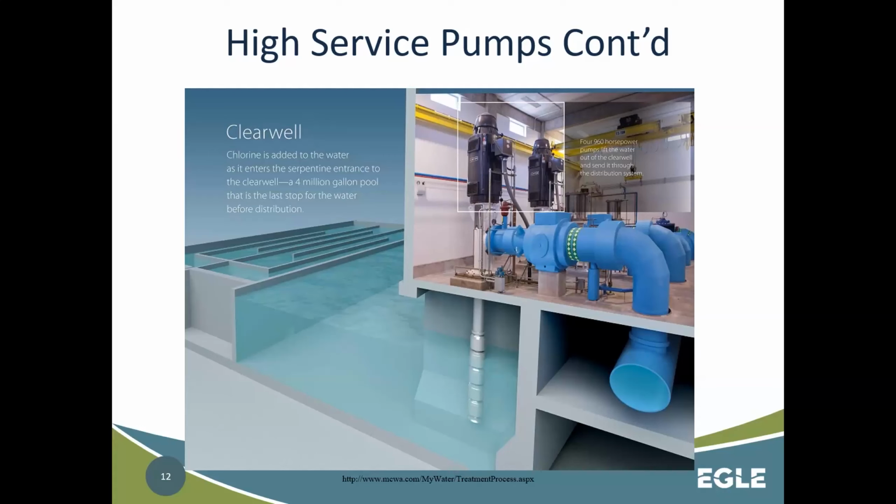Your firm capacities are rated in this high service pump station. Here you can see these particular 960 horsepower pumps, right? These are the massive pumps, again, that are pushing out to the system, the high service pump station.